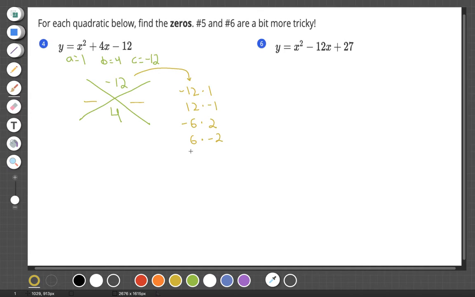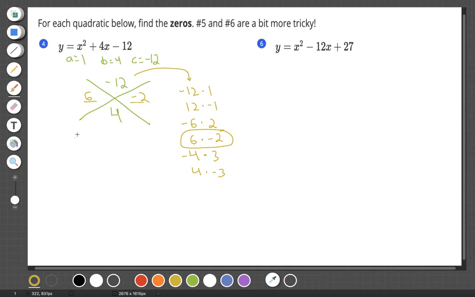And then finally, we already got our answer, but the other one you might have come up with first was 4 times 3. So that could be negative 4 times 3 or 4 times negative 3. Well, we're figuring out which one of these add together to get 4. And I think most of us would see 6 and negative 2. 6 minus 2 is 4. So we're going to have 6 and negative 2.